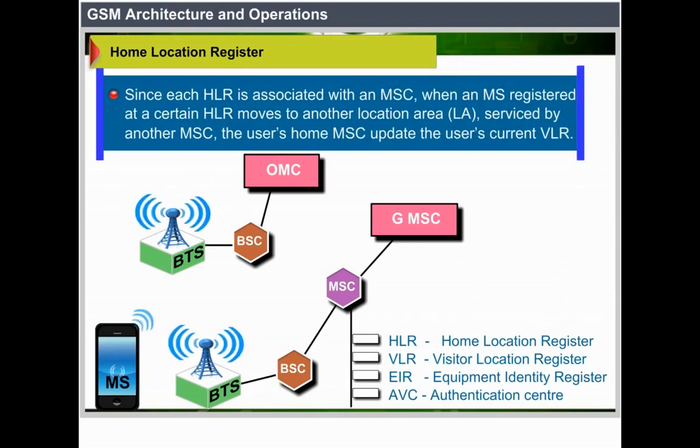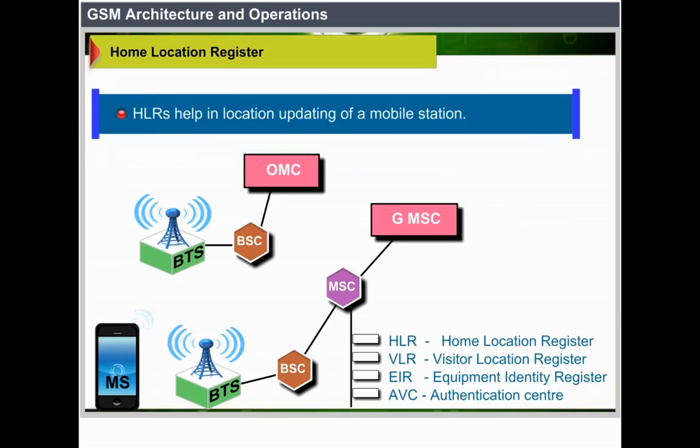Each HLR is associated with an MSC so that when an MS registered at a certain HLR moves to another location area LA serviced by another MSC, the user's home MSC updates the user's current VLR. HLRs help in location updating of a mobile station.